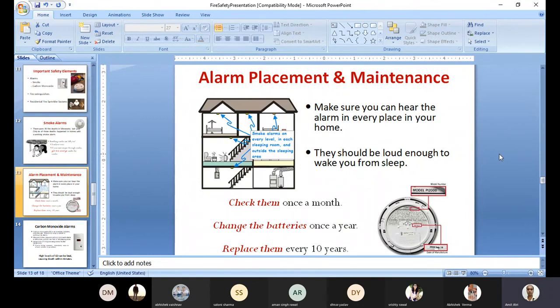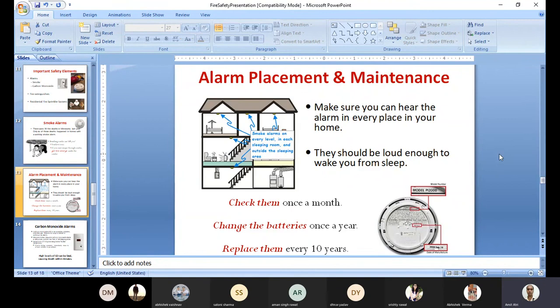It should not be that the fire breaks out and our alarm is not operating. Then it will increase the damage. Residents won't be able to detect that a fire has broken out in the building. So regular maintenance should be there.